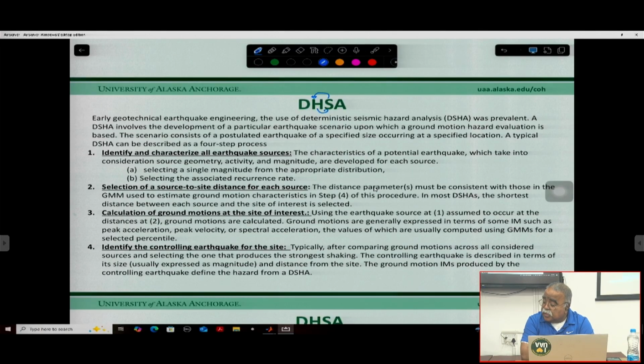So at this site, we say that, okay, what is the deterministic?